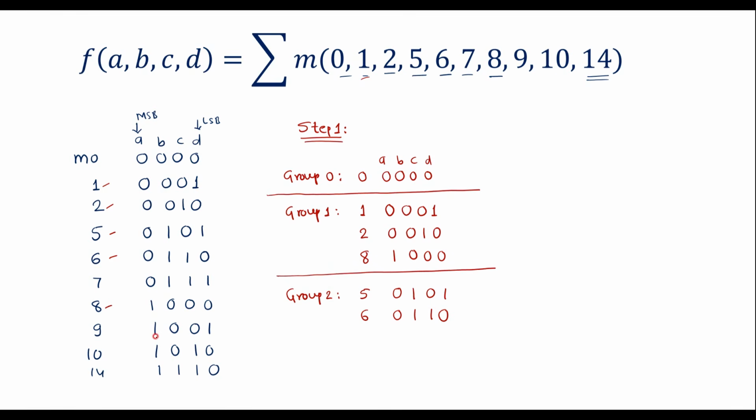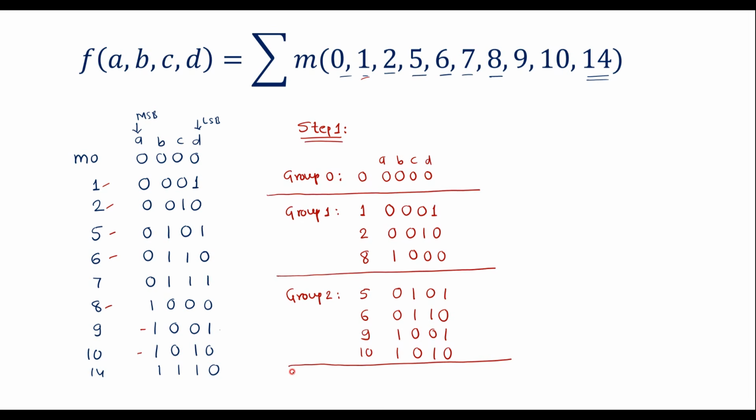In 9 we have 2 ones: 1, 0, 0, 1. In 10 we have 2 ones: 1, 0, 1, 0. In 14 there are 3 ones. So group 2 is completed. I will put one more horizontal line here.